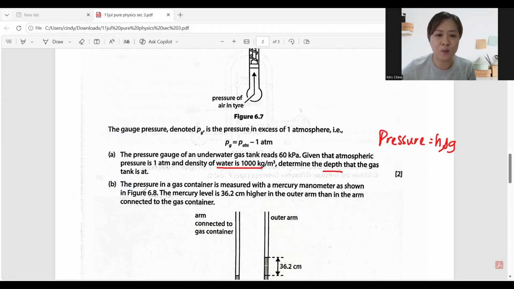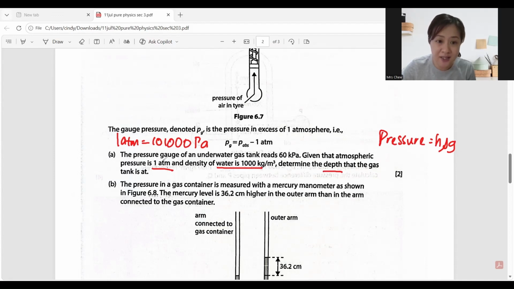Now, when they tell you pressure is 1 atm, please remember that to convert it is 101 kilopascal, so 101,000 pascal. Let's go get the depth.